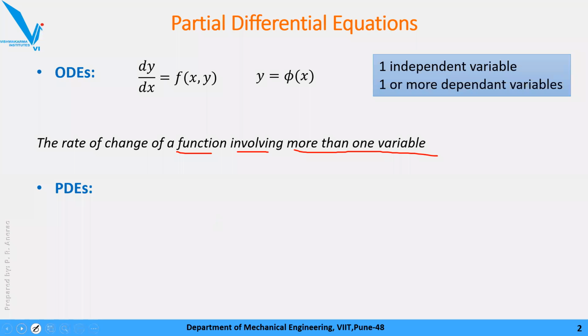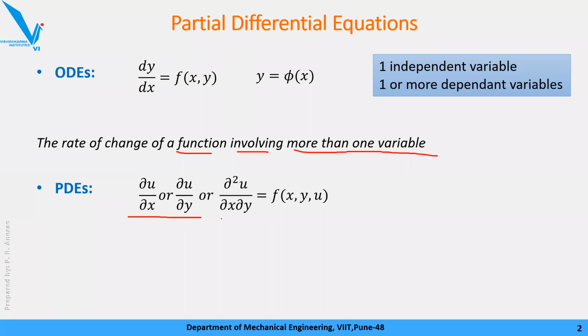For example, you might see a partial derivative represented like this: dou u by dou x equal to some function of x, y, z, u, or dou u by dou y, or dou square u by dou x dou y. All these are equal to some function of x, y, or u.